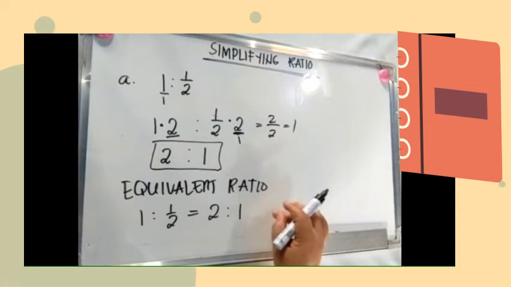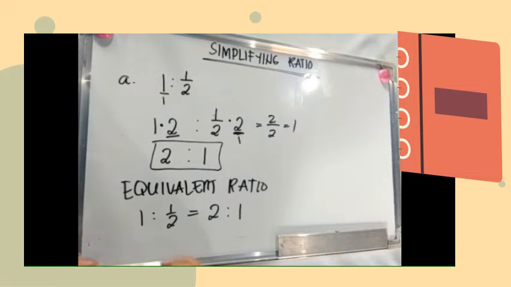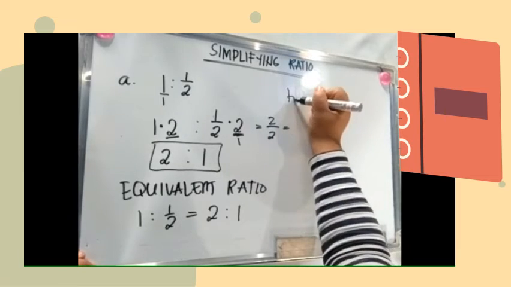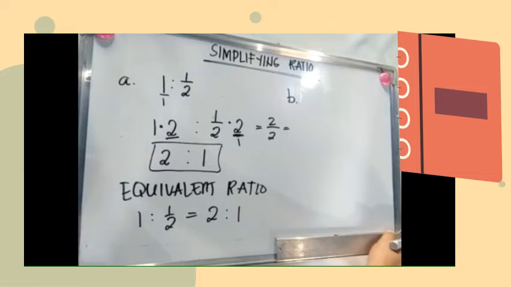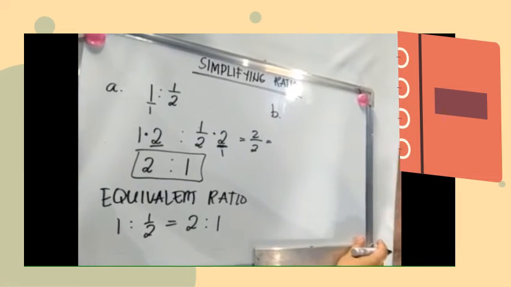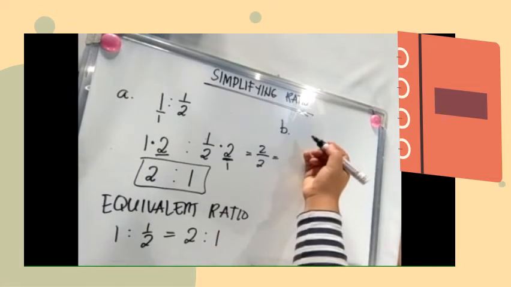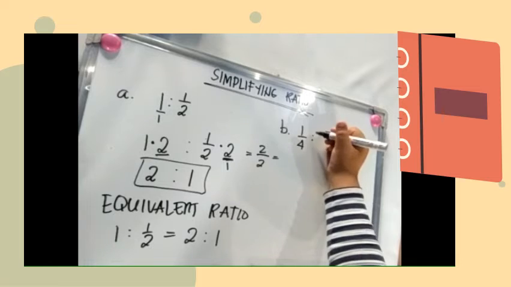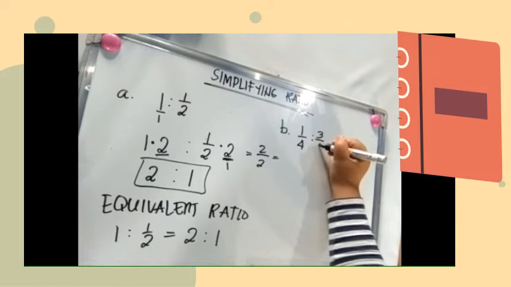And remember that ratio has no units. Okay? So, next example, para mas masabtan, letter B. So, we have example letter B. 1/4 is to 3 over 8.